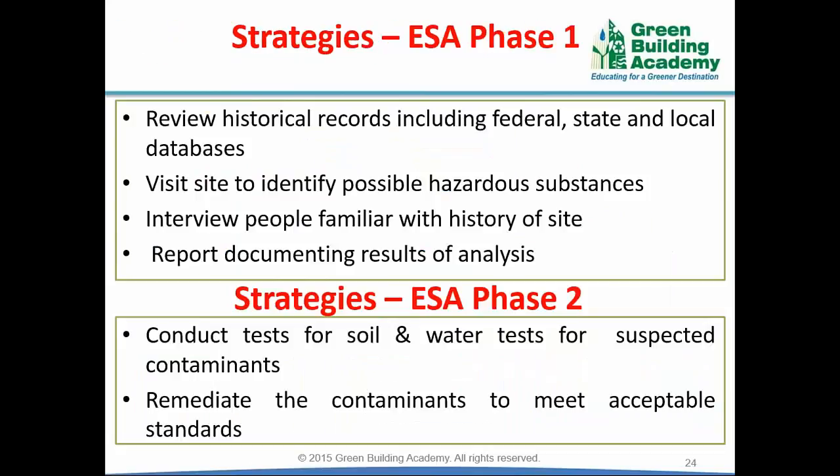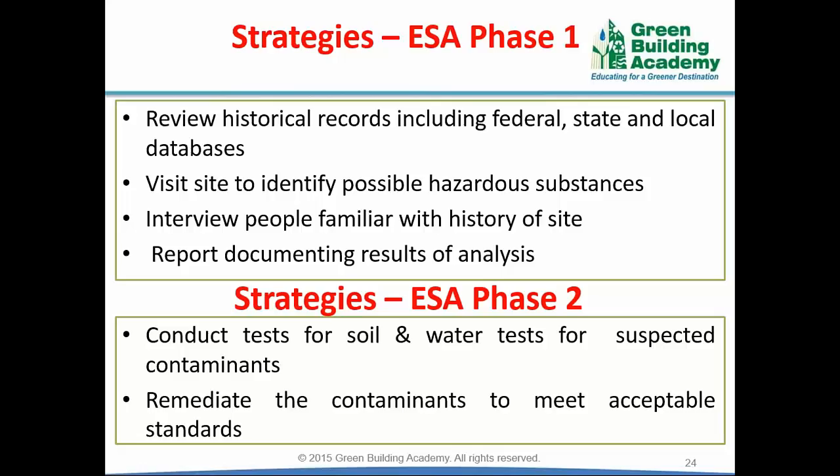So what are the strategies that are part of Phase 1 ESA, environmental site assessments? So for Phase 1, what will the project team do? They will hire experts, obviously environmental experts. What will the experts do? They will review historical records including federal, state and local databases. Historical records can show if the site was previously a landfill site or there was a factory once.